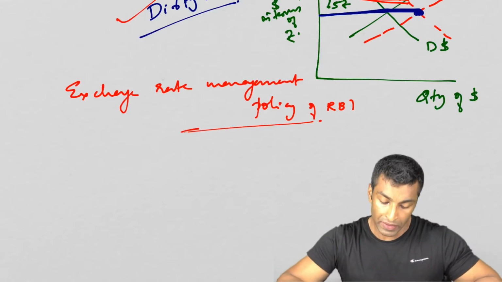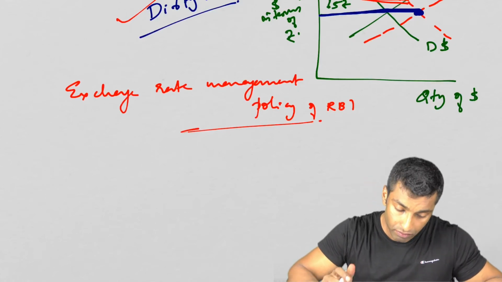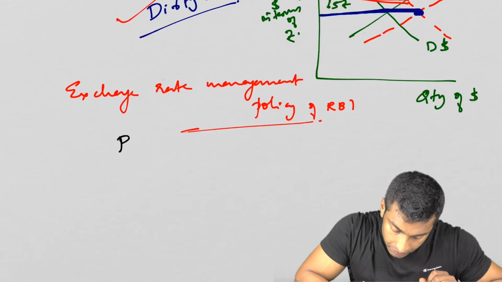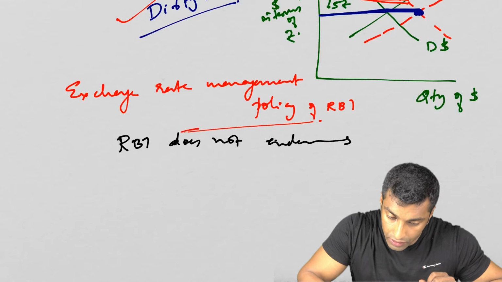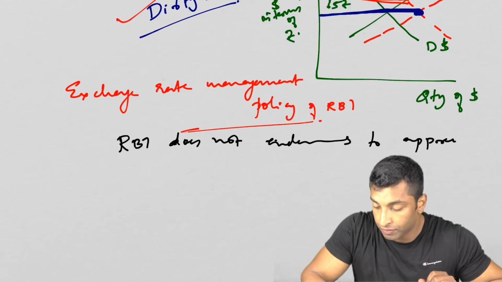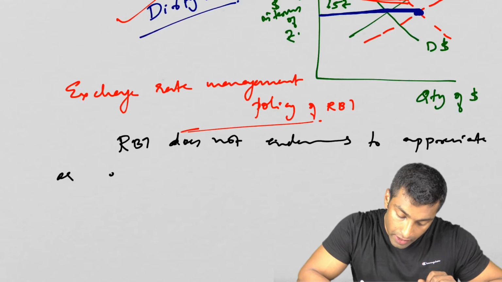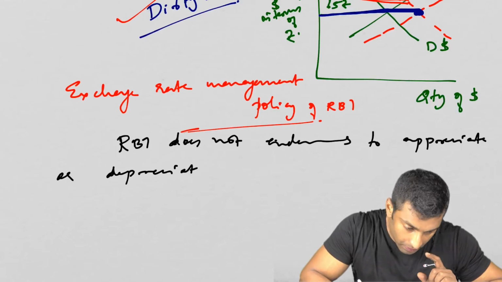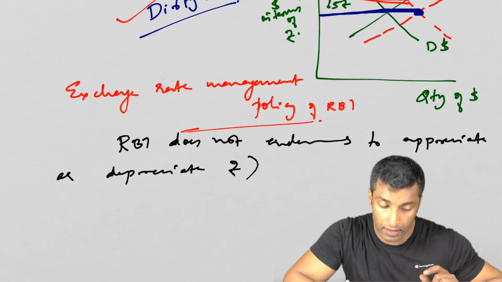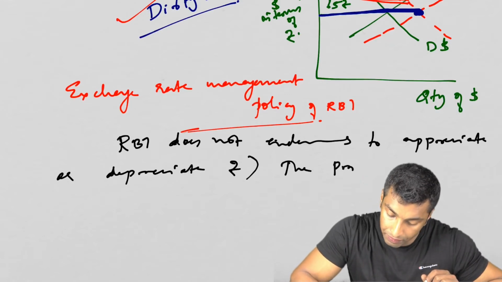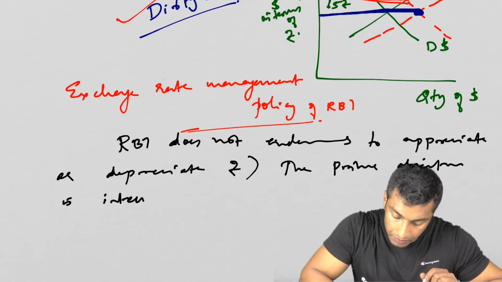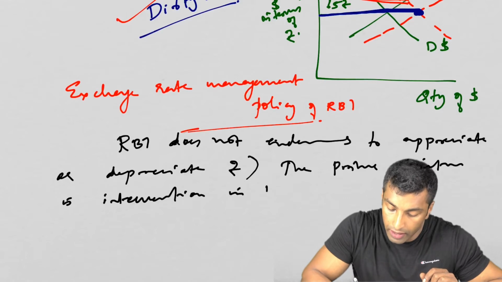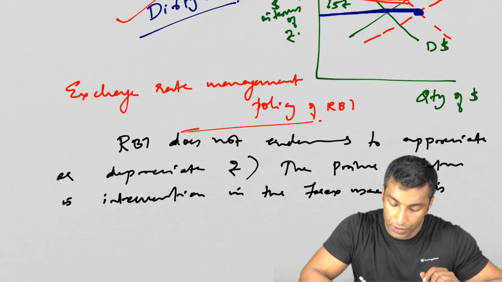I'll just write it down, this exchange rate management policy. So RBI does not endeavor to appreciate or depreciate the rupee, and the prime objective of intervention in the forex market is to stabilize.